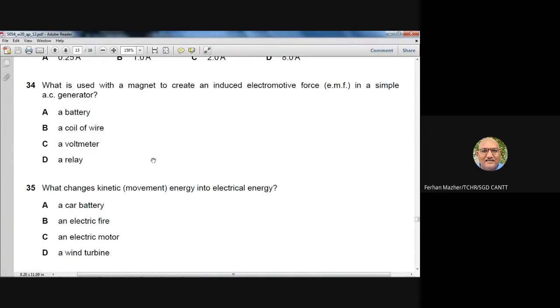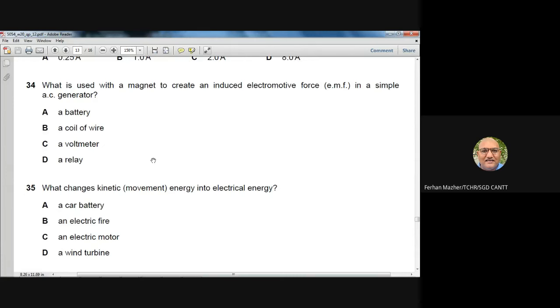So this way the current is induced. What is used with a magnet to create and induce electromotive force (EMF) in a simple AC generator?